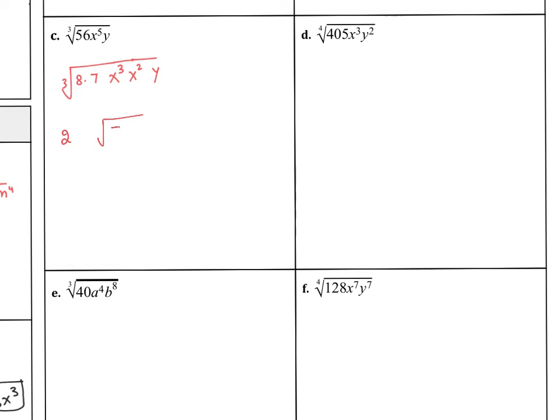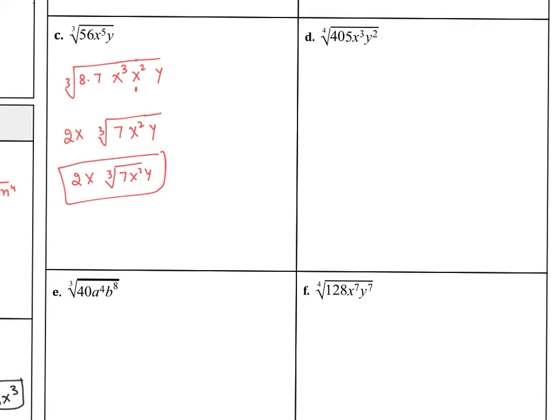You're left with 7 inside. 3 and 1 over 3 cancel, so x outside. You're left with x squared inside and y as well. So the answer is 2x cube root of 7x squared y.